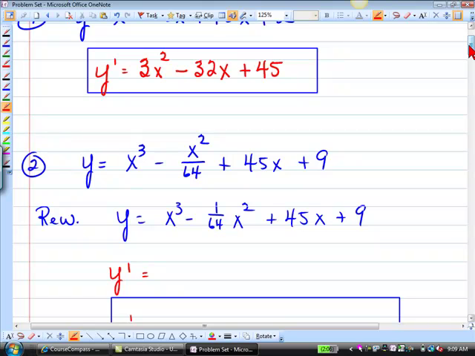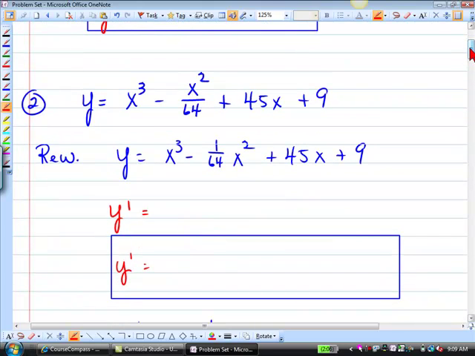All right, number 2. The thing that's different is you see a fraction in the middle of that polynomial. I would say to rewrite it as x cubed minus 1 over 64 x squared, so that the number is all out to the front. That's going to make it easier for you to do the derivative. So rewriting it would be the first thing that you would want to do.